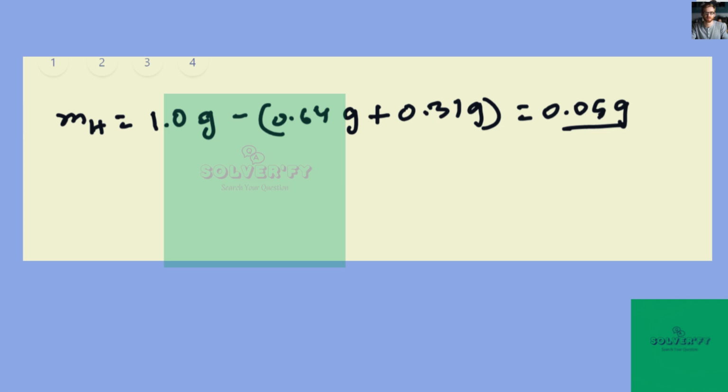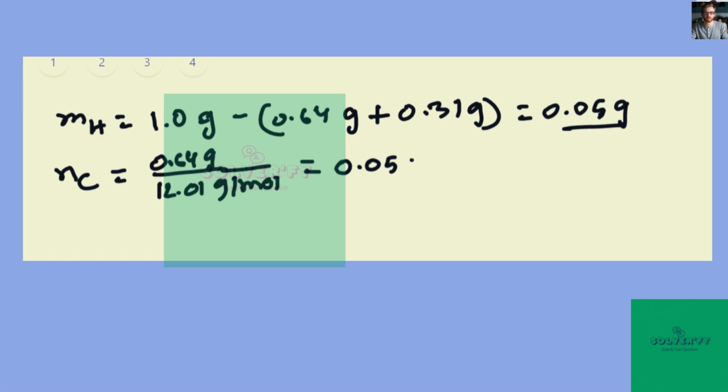Now we will find the number of moles for each element. So the number of moles of carbon will be the mass of carbon in 1 gram, which is 0.64 gram, over the molar mass of carbon, which is 12.01 gram per mole, and this will give us a value of 0.05 mole.